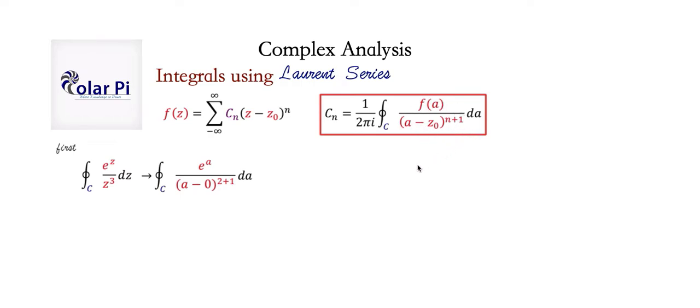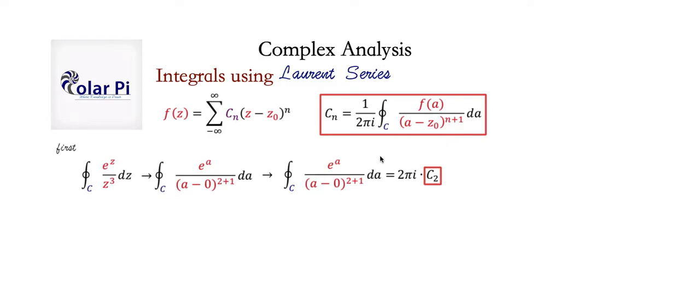Looking at this, it's easy to associate it to this now, because first, we see that n is equal to 2. And so what we want is to say that this is equal to 2 pi i times c sub 2. That's where we're headed. So this implies that this here, which is of this form, is equal to 2 pi i times c sub 2, again c sub 2 because n is 2. Looking at this and comparing it to that, I can see that n is 2.